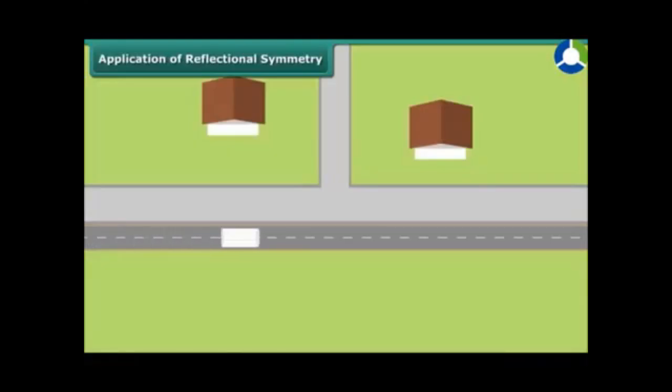Shyam, a milkman, wants to park his van at some point on the street and distribute milk to houses A and B. Can you suggest him where he should park his van so that his walking distance from the street to the houses A and B will be least? Let us find out. We can use reflectional symmetry here.